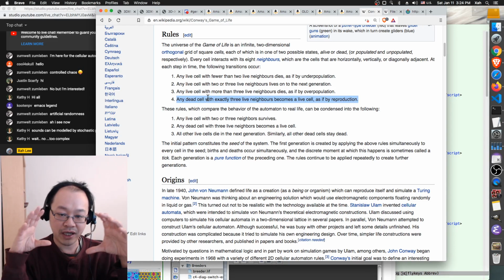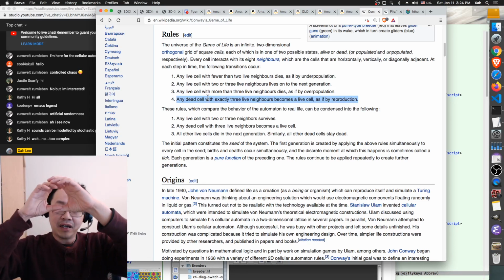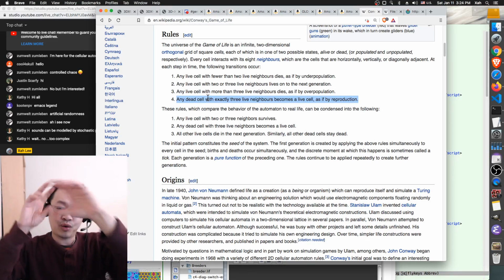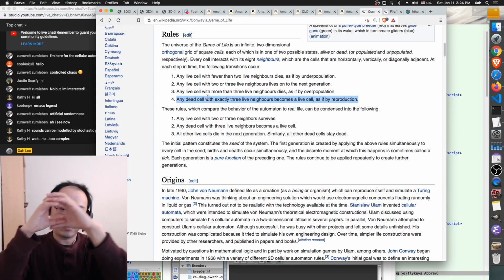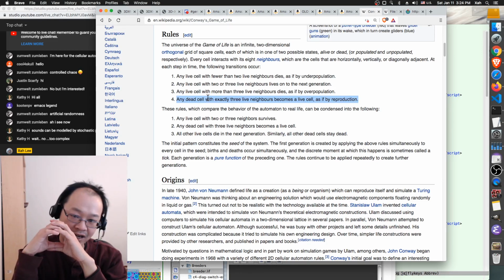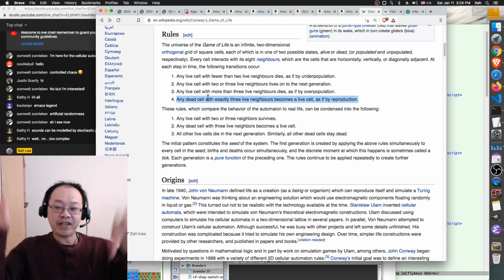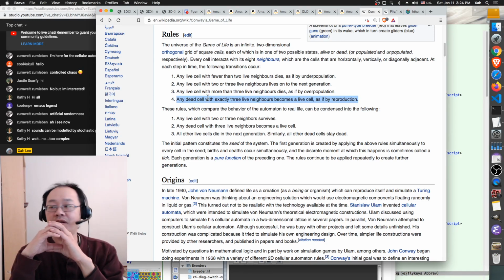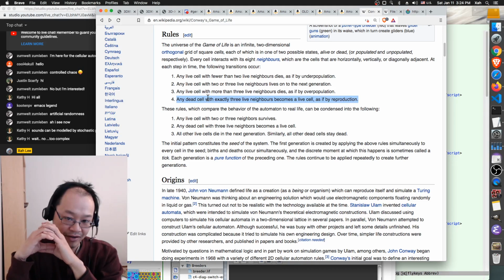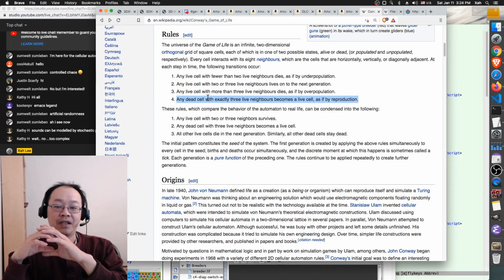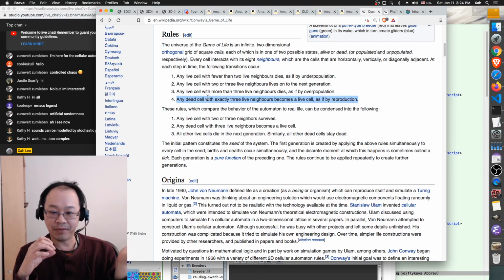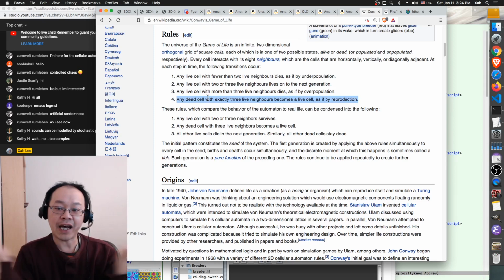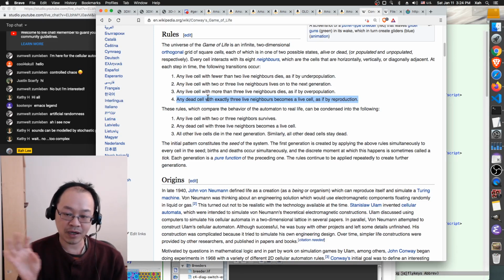So in summary, if a living cell, a black cell, has 2 or 3 live neighbors, then in the next generation that cell remains alive. But if it has fewer than 2 neighbors or more than 3 neighbors, then it dies. In the next generation, it becomes white, it becomes empty.